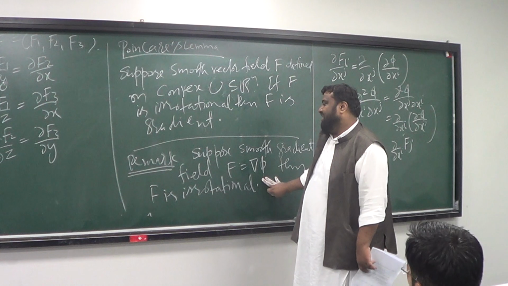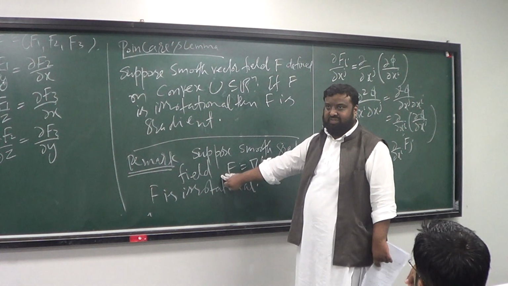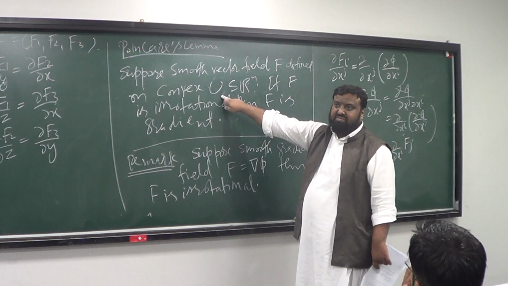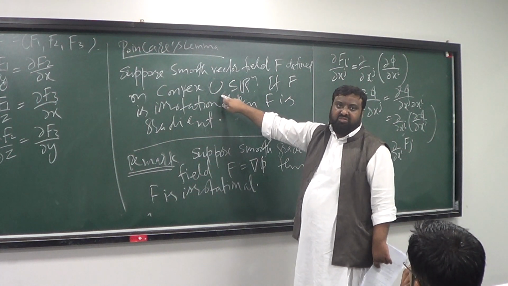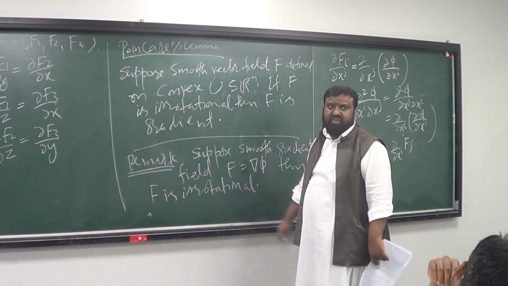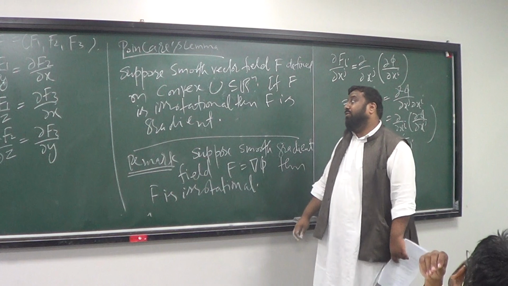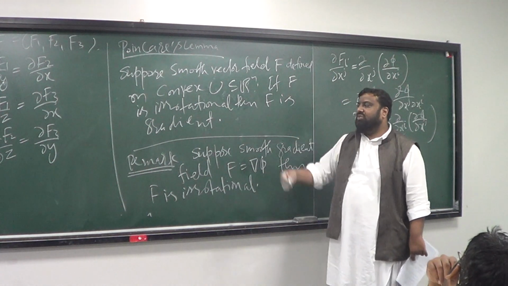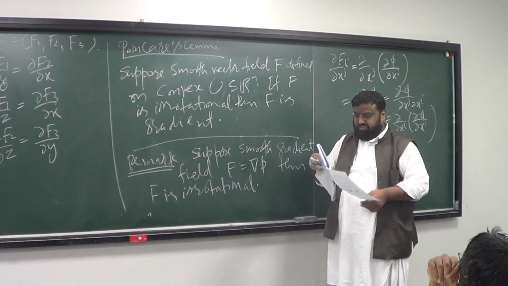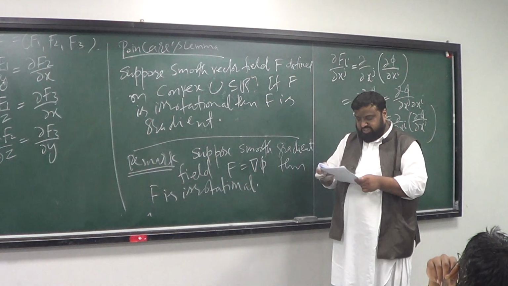Because here, along with smoothness, you need convexity of the domain as well. So you need some additional thing. So roughly you can say it's a converse of it. For the Poincare Lemma, we need to have a very careful kind of consideration actually.